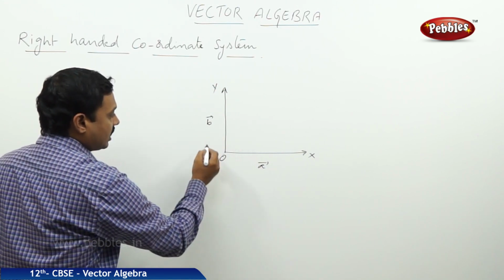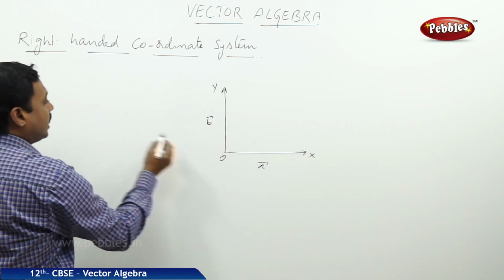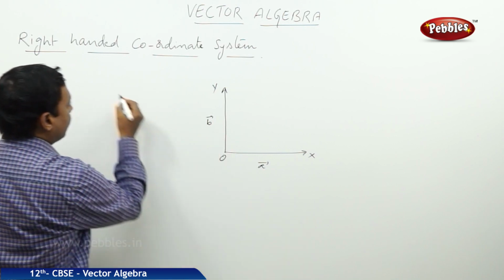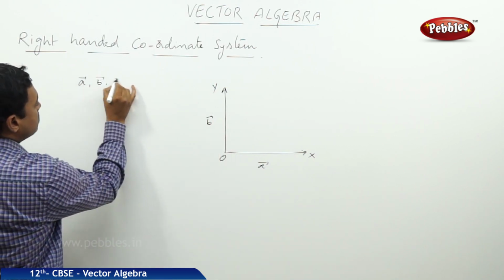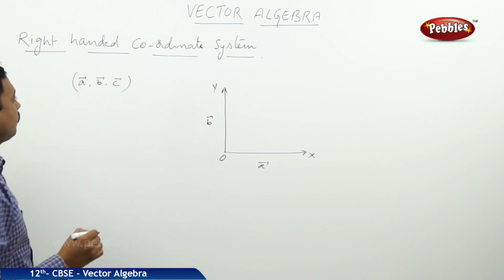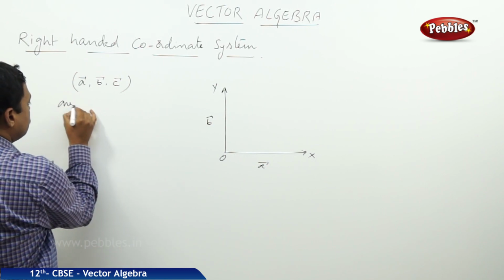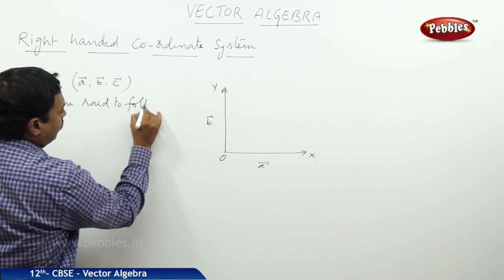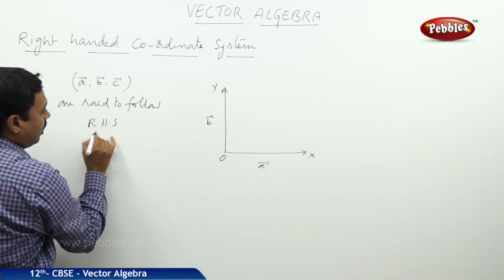Let that vector be c bar. Now we can say that the system of these vectors a bar, b bar, c bar are said to follow right-handed system, RHS.